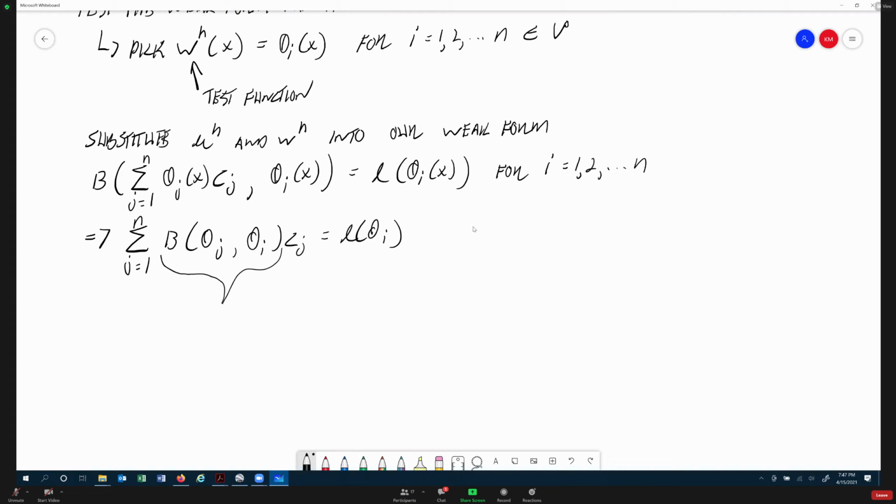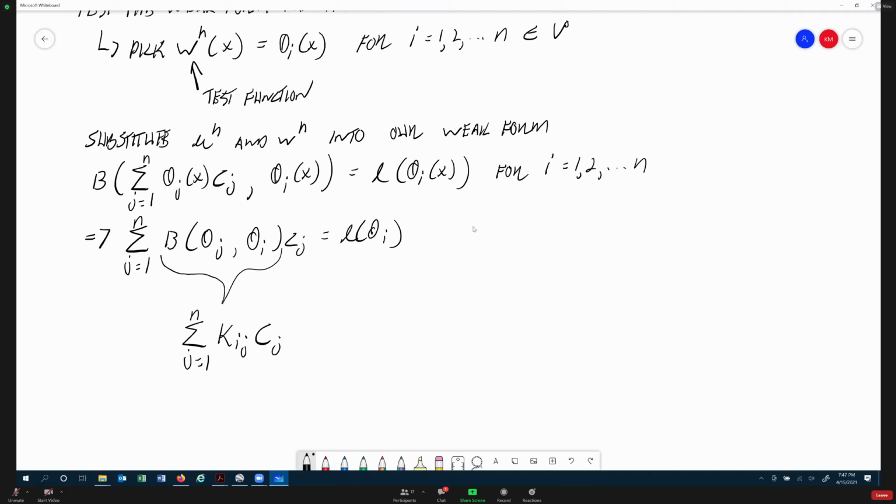Does anyone know what this portion here is? Is it a gradient? No. Those of you that have done finite element stuff will know when I write it. It's the sum of K_ij. It's the K matrix.